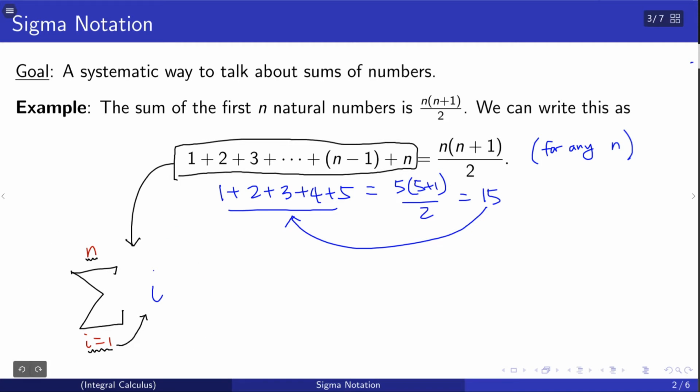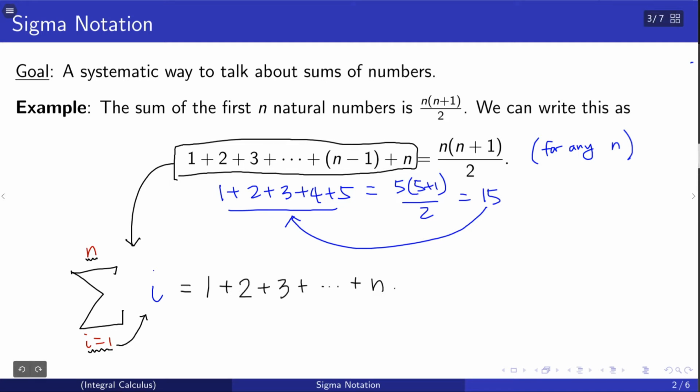Which means what you'll get here is exactly that sum above. When you plug in I equals 1, well, I equals 1, so it's just a term 1. When I equals 2, that's the next term. When I equals 3, that's the next term. And you keep going until you reach n.